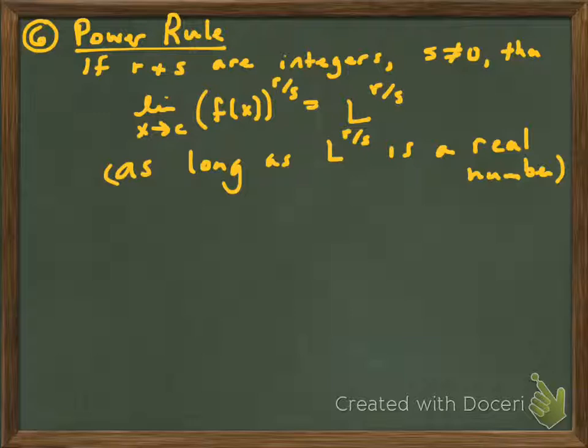Wow. Okay, let's run back through all of them, and then we'll come to a grand finale with this one, okay? The limit of a sum of two functions is the sum of the limits of the two functions. How about the difference? The same thing. So the limit of a difference of two functions is the difference of the limits of the two functions. The limit of a product of two functions is the product of the limits of the two functions.